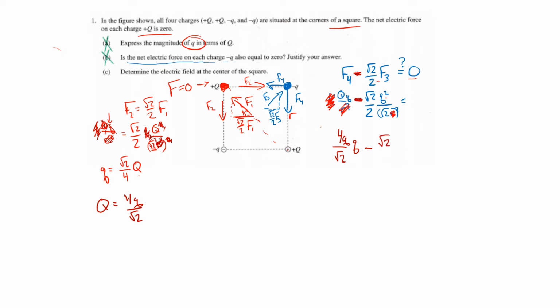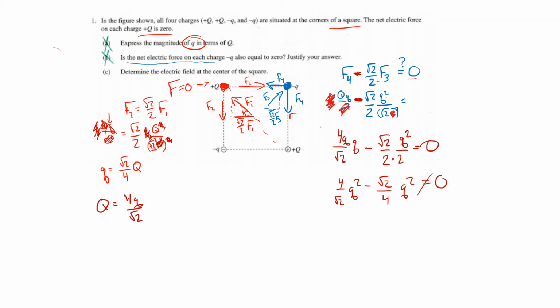We've got square root of 2 over 2 times 2 in the denominator over little q squared equals 0. So what do we got over here? We've got 4 over root 2 q squared minus root 2 over 4 q squared, and that's not equal to 0. Good old math. All right. That's all we got to do for that.